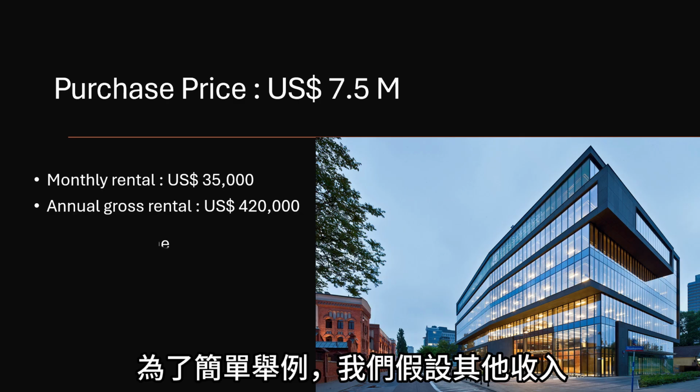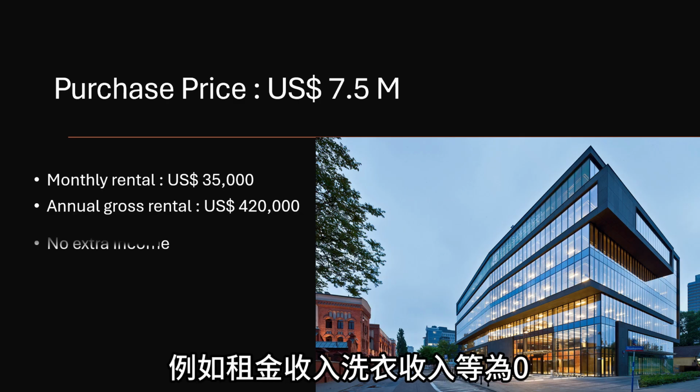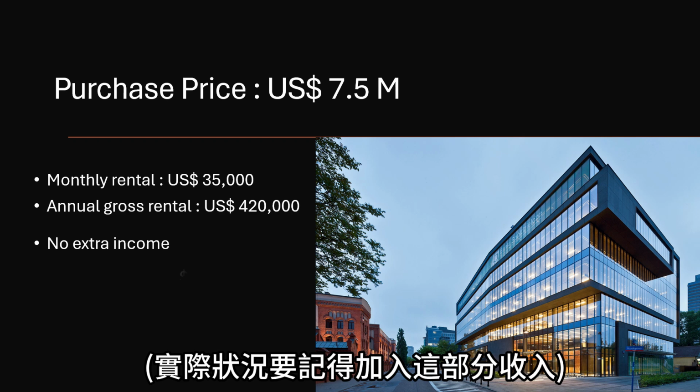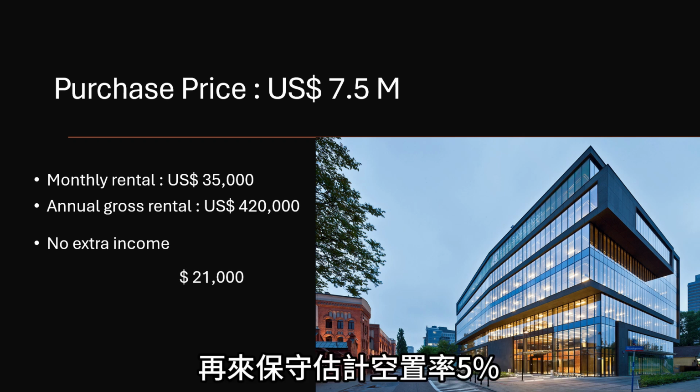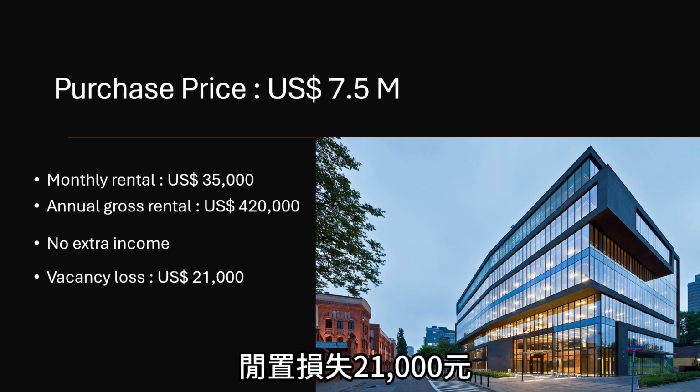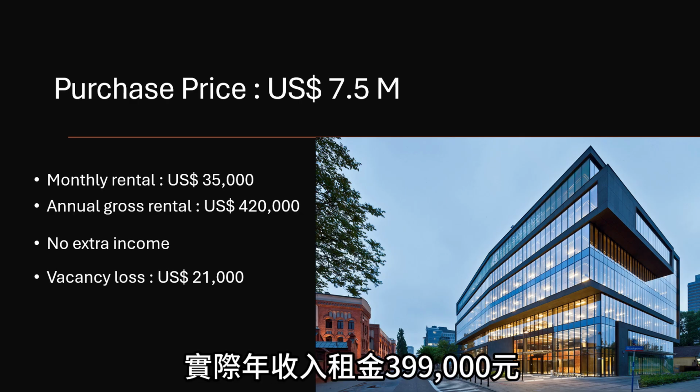Assuming there is not much other income, let's keep it simple and not add extra income. Next, assuming a vacancy rate of 5%, that reduces you by $21,000, leaving you with $399,000.